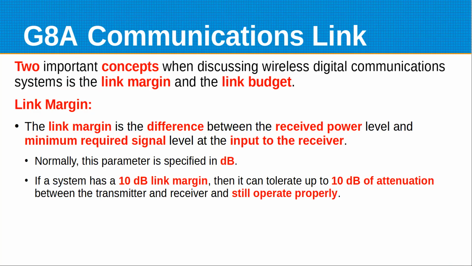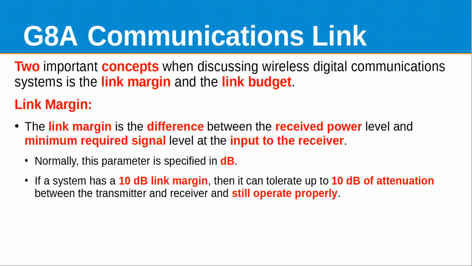Okay. These are new questions added just for this year. Link margin and link budget. Link margin is the difference between the power level of the signal that you're receiving versus the minimum signal level required for you to actually hear the signal or decode it.